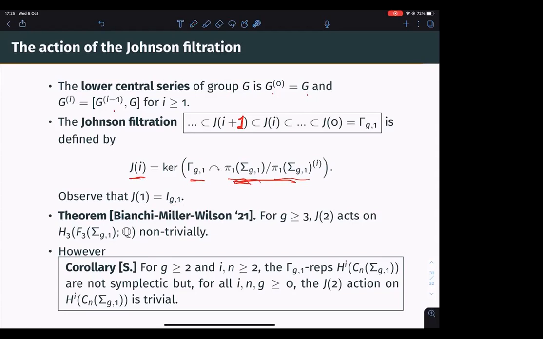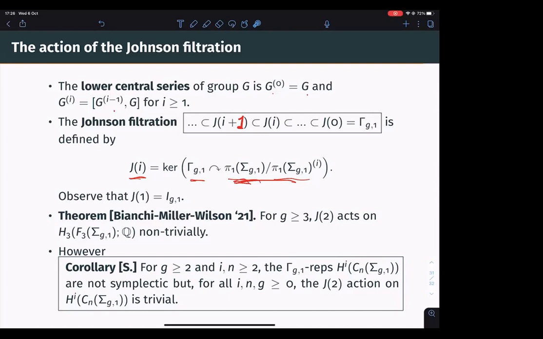J1 is precisely the Torelli group. We already knew that J1 acts non-trivially on the cohomology of configuration spaces of surfaces. That was known by Bianchi already.